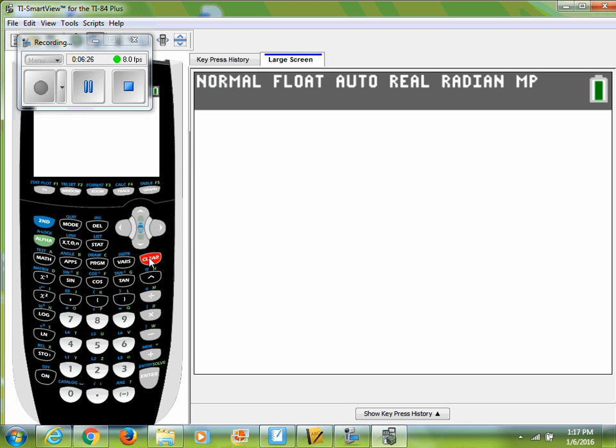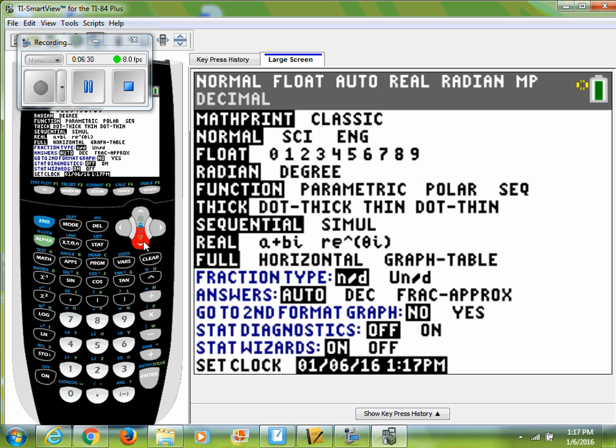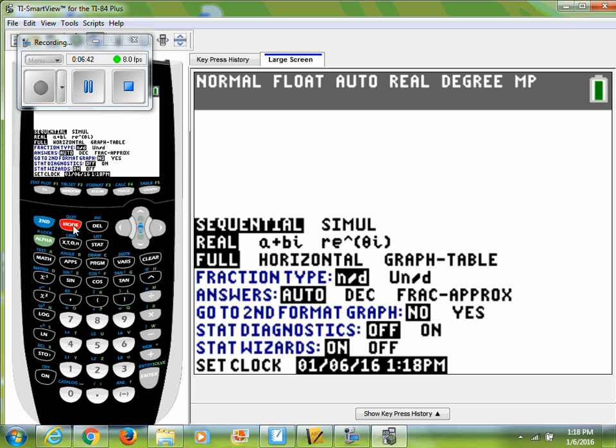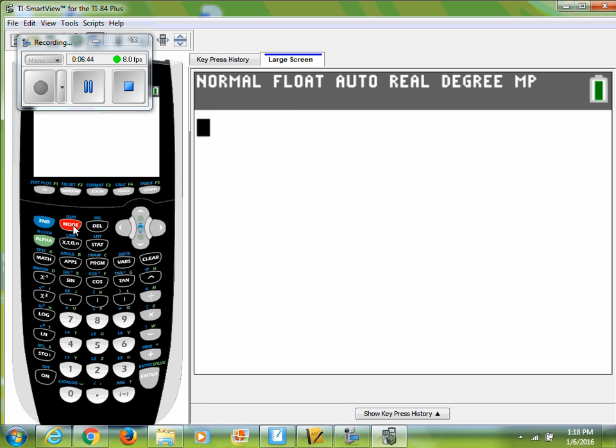Okay, and so in order to be specific, let's make sure that our mode is actually in degree mode because radian mode would have us dealing with pi, and we don't want to deal with pi. So if your calculator is not in degree mode, make sure you change it under mode. And then right above your sine, if you go to second sine, it will give you inverse sine.